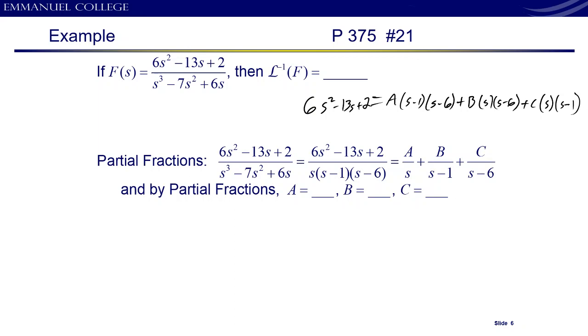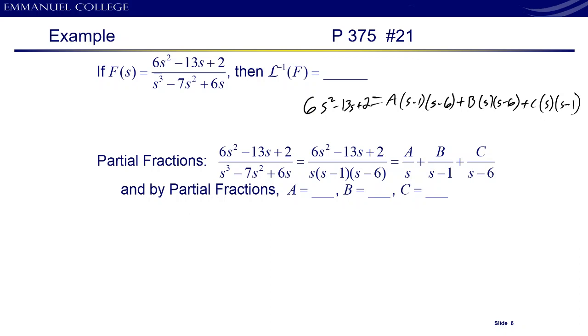Instead of multiplying all of this out and trying to figure out what is A, what is B, what is C, you could plug in your roots of the equation. Because this equation should balance, right? Which means if I plug in 3, it should be the same on both sides. If I plug in 4, it should be the same on both sides.